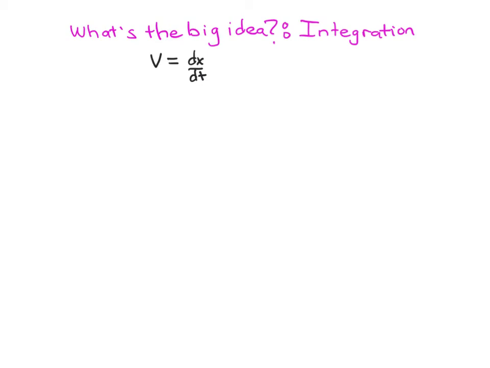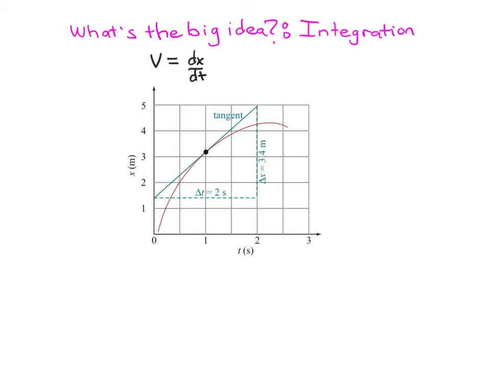So, for example, if you know how the position of the object is changing as a function of time, say given by this red curve, and you wanted to know the velocity of the object at any point t, you just have to differentiate this curve. So if we want to know the instantaneous velocity of the object at time t equals 1 second, we just need to know the slope of the tangent line.